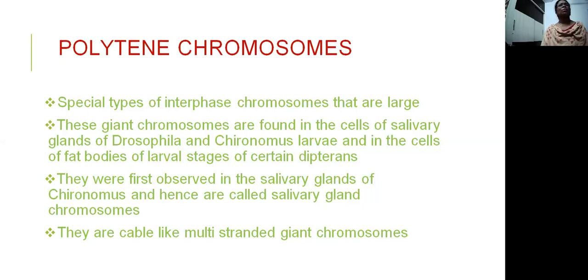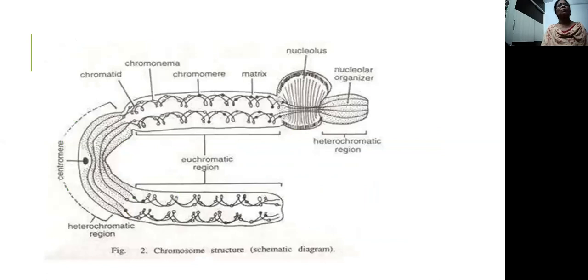In the cells of fat bodies of larval stages of certain dipterans, these types of chromosomes are present. They were first observed in the salivary glands of Chironomus and hence are called salivary gland chromosomes. They are multi-stranded giant chromosomes.